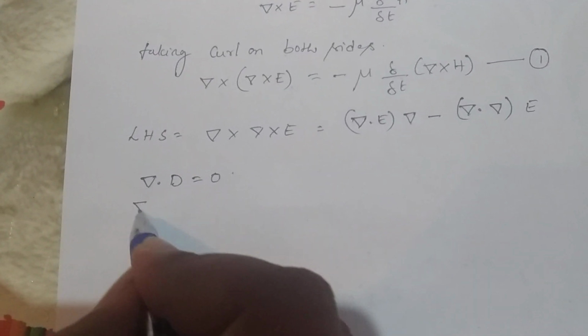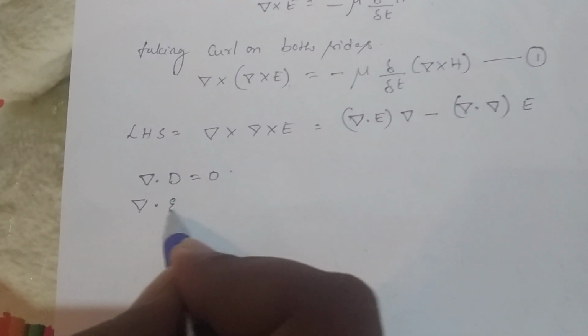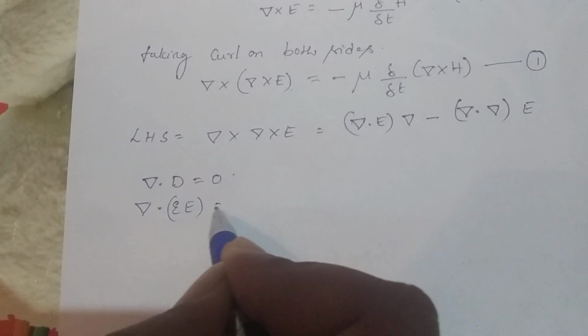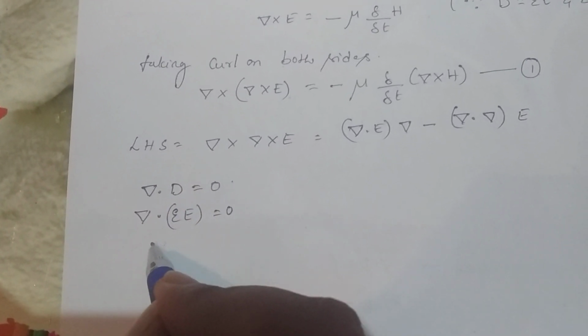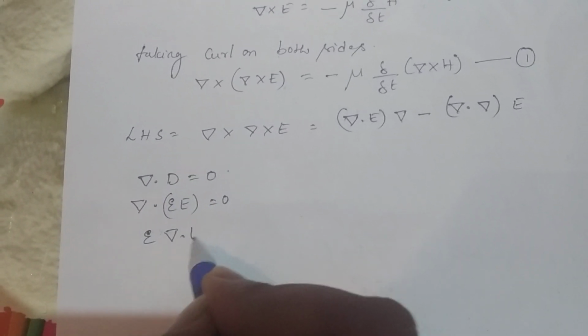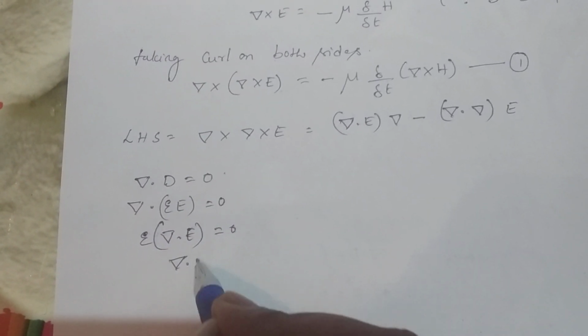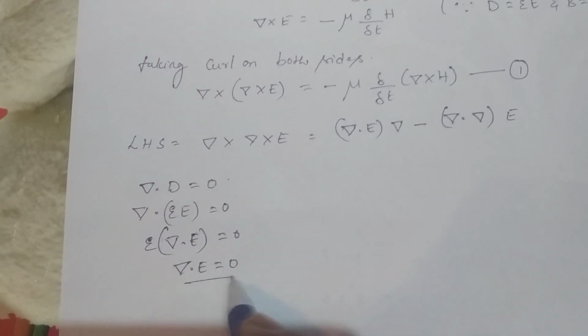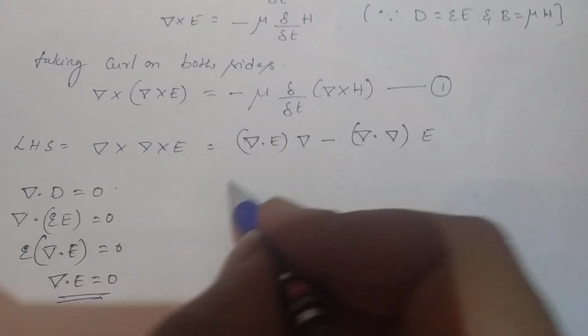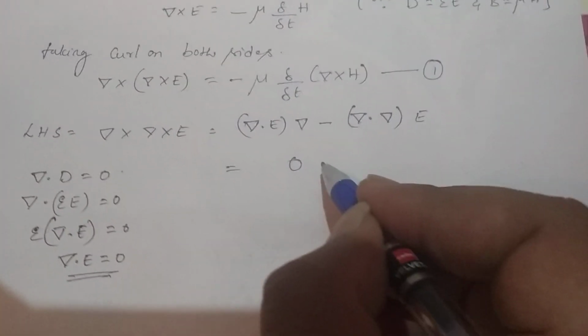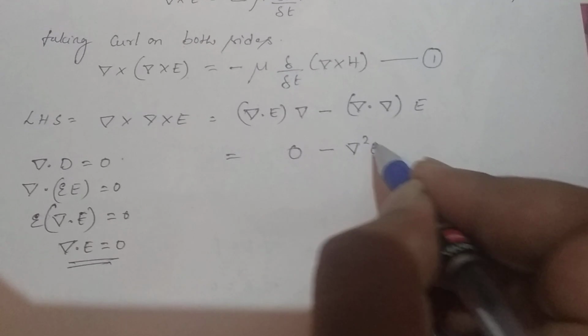Therefore del dot D, which is nothing but epsilon E, is equal to 0. Epsilon is a constant, so del dot E is equal to 0. So from the vector identity this is 0, so 0 minus del square E.